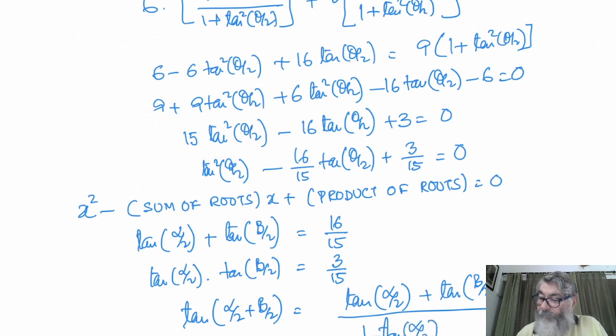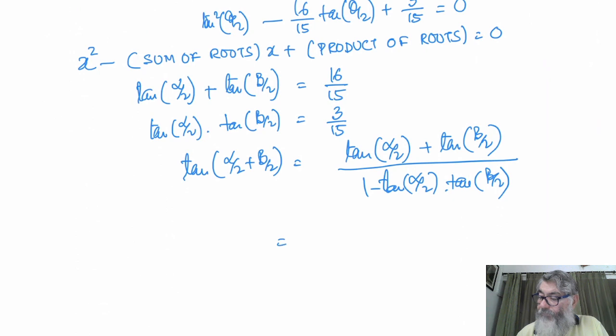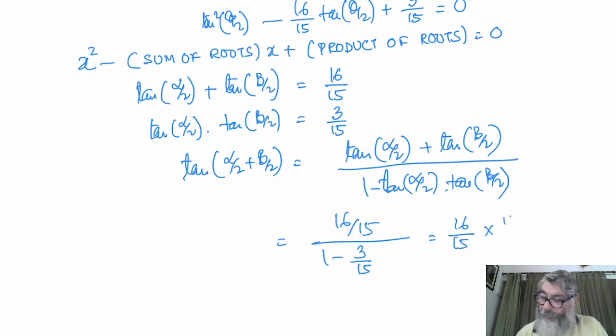Now we know the value of tan alpha by 2 plus tan beta by 2, 16 upon 15. And what is the value of the denominator? 1 minus 3 upon 15. So it will become 16 upon 15 into 15 upon 12. 15, 15 will cancel. 4 4s are 16, 4 3s are 12. So tan of (alpha plus beta) upon 2 is equal to 4 upon 3.